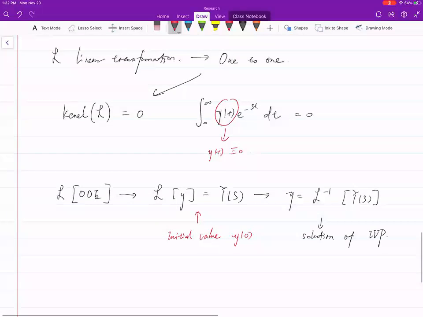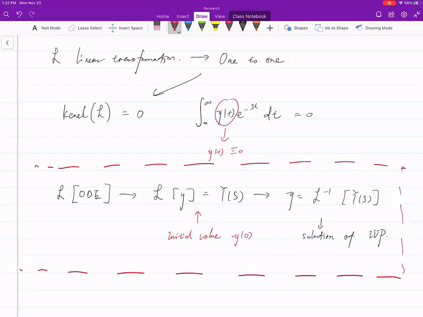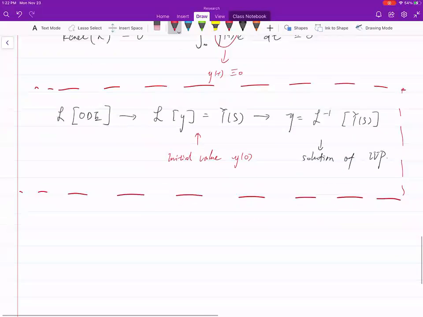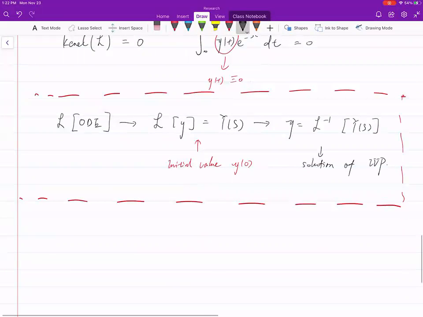That will be the key part of how to use Laplace transform in solving ODE. Sounds good.